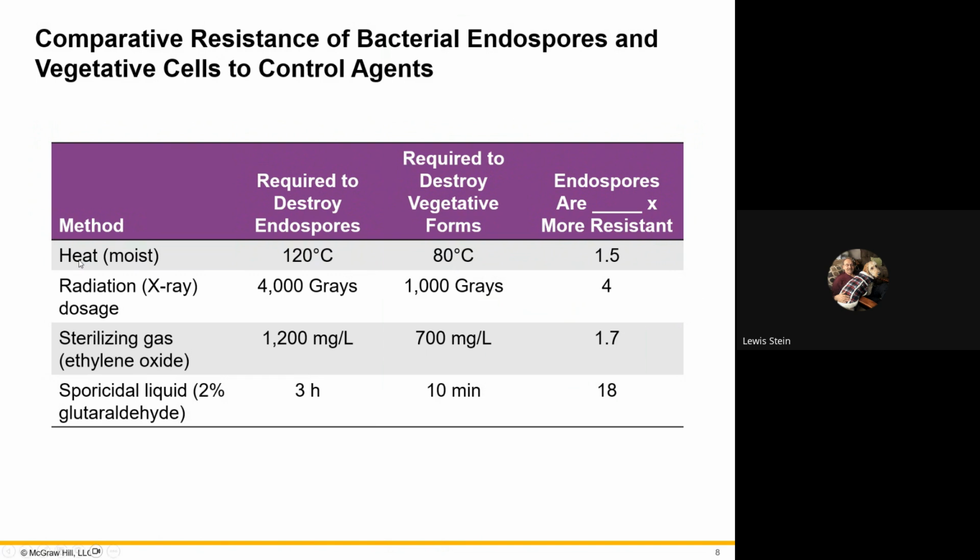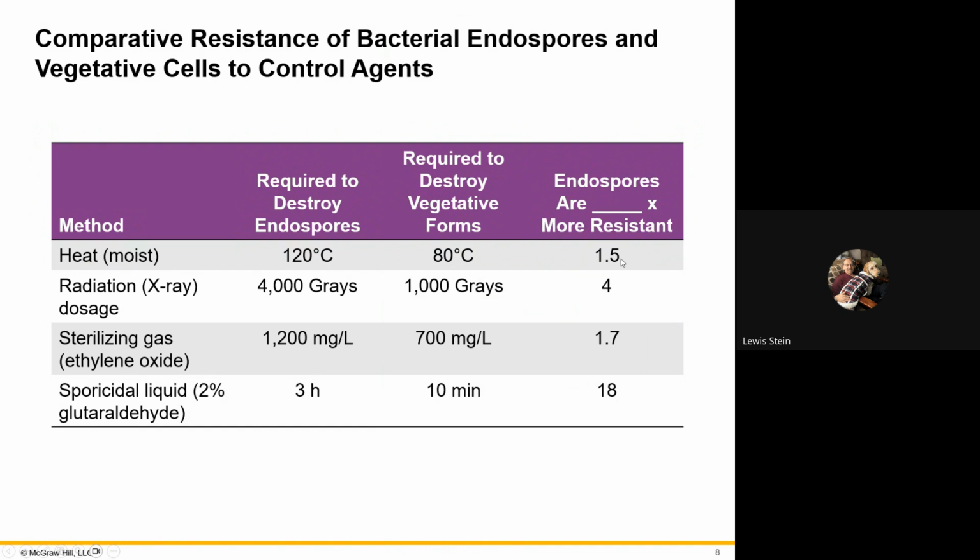With moist heat, this is certainly not boiling water, but maybe 180 degree water. I think it's 192 off the top, maybe a little bit. 180 degree water, 176 degree water, is required to destroy vegetative forms. Here is what is required to destroy endospores.